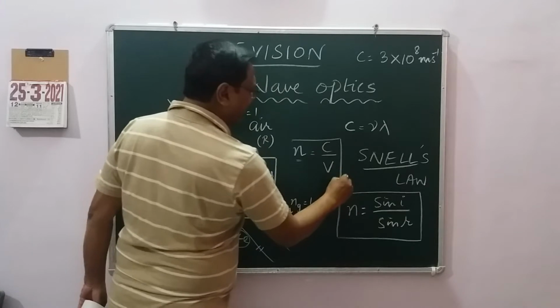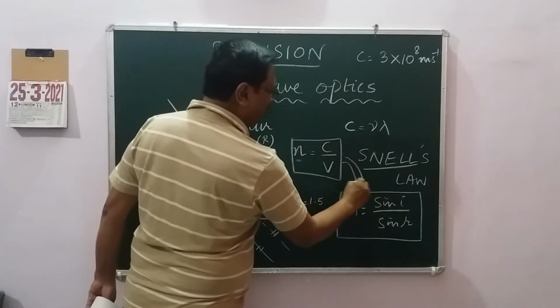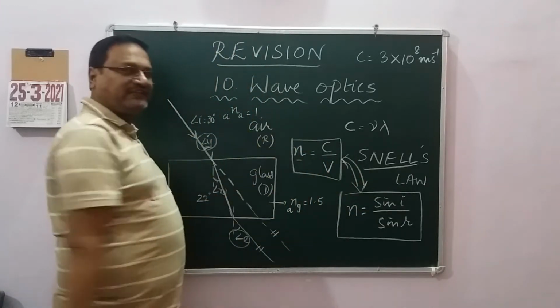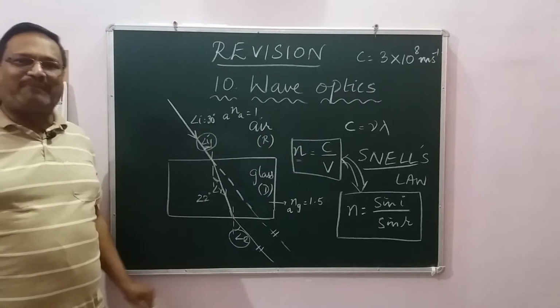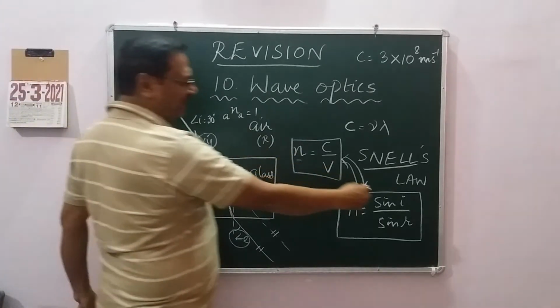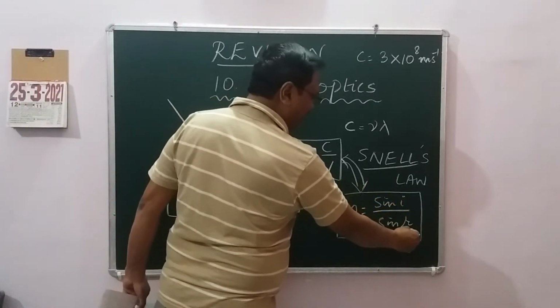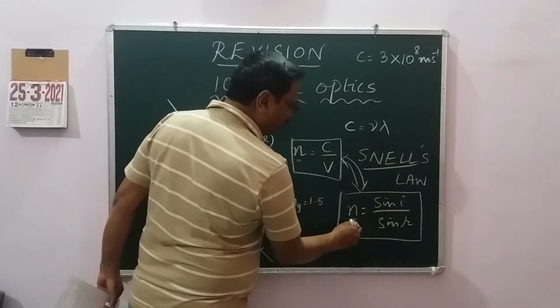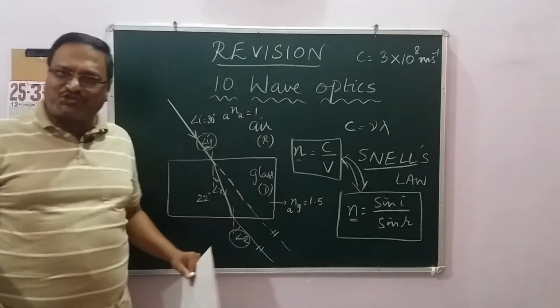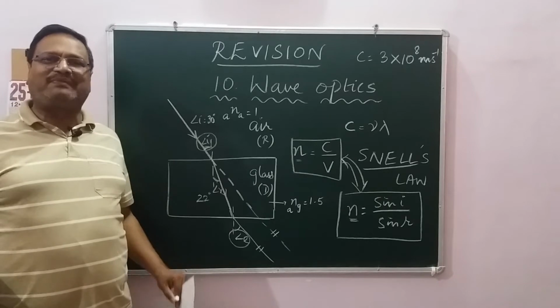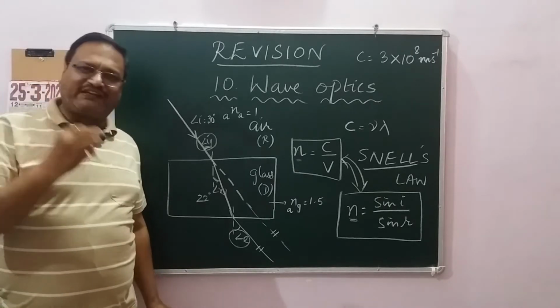This is the same as c upon v, but finding velocity is not so easy. Finding the angle of incidence and angle of refraction will also lead to a constant, and that constant is nothing but the refractive index.